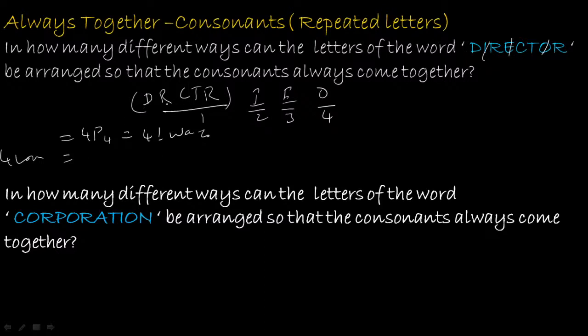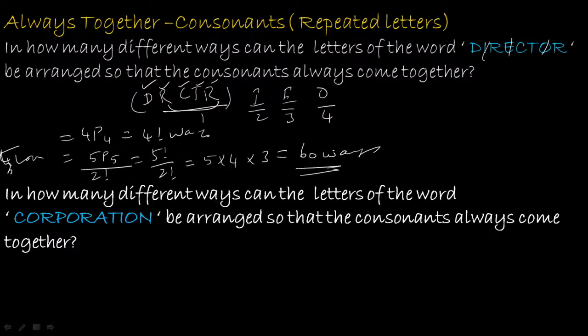Not only 4 consonants, sorry I made a mistake, 5 consonants: D, R, C, T, R. So the 5 consonants can be arranged among themselves in 5P5, but here, look, the letter R repeats more than once, which means we have to write it in the denominator. So that is 5 factorial over 2 factorial, that is, after cancelling 2 in both numerator and denominator, you get the product of 5, 4, 3, that is 60 ways.